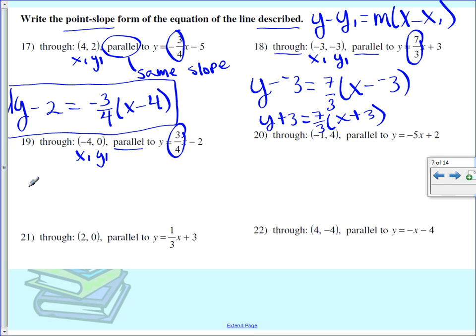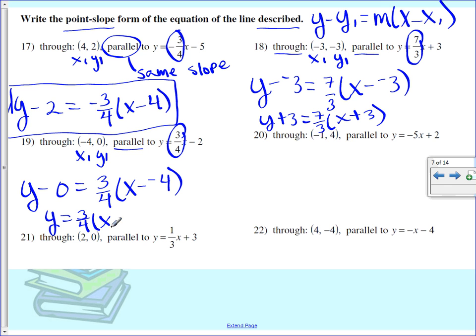Okay. So I've got y minus y1, which is 0, equals 3/4 times x minus -4. Anything subtracting, like 0 subtracted from anything, is just itself. So I just have y equals 3/4 times x plus 4.